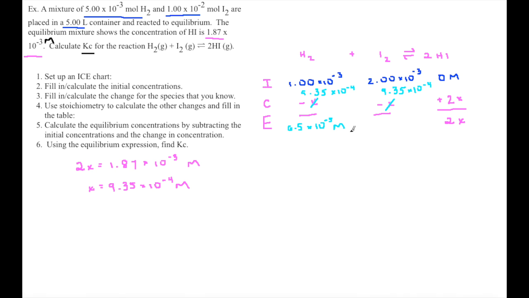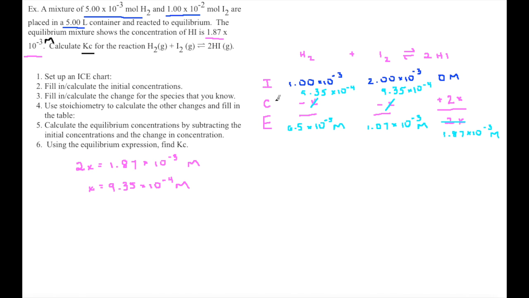The equilibrium concentration of iodine is going to be 1.07, making sure I stick with sig figs, times 10 to the negative third molar. And I already know that my equilibrium concentration of HI is 1.87 times 10 to the negative third molar.